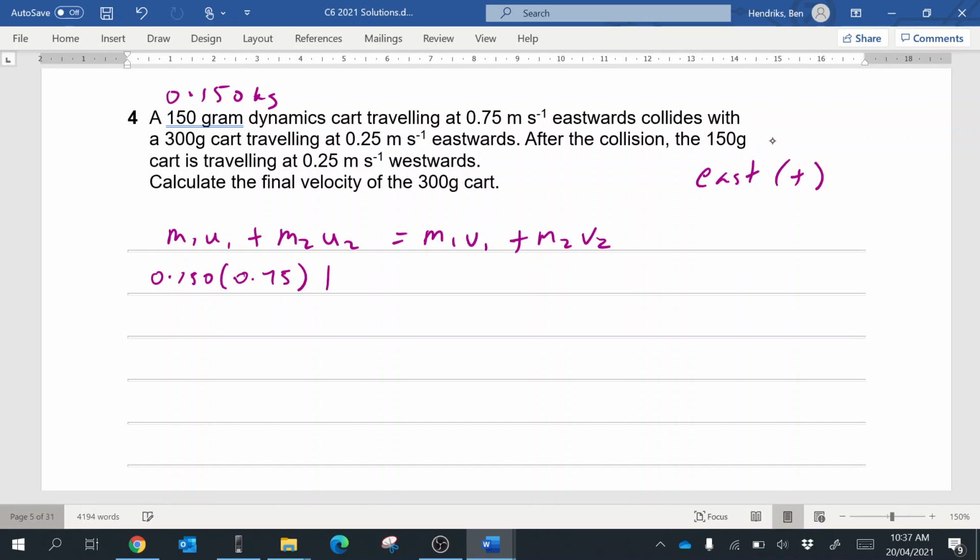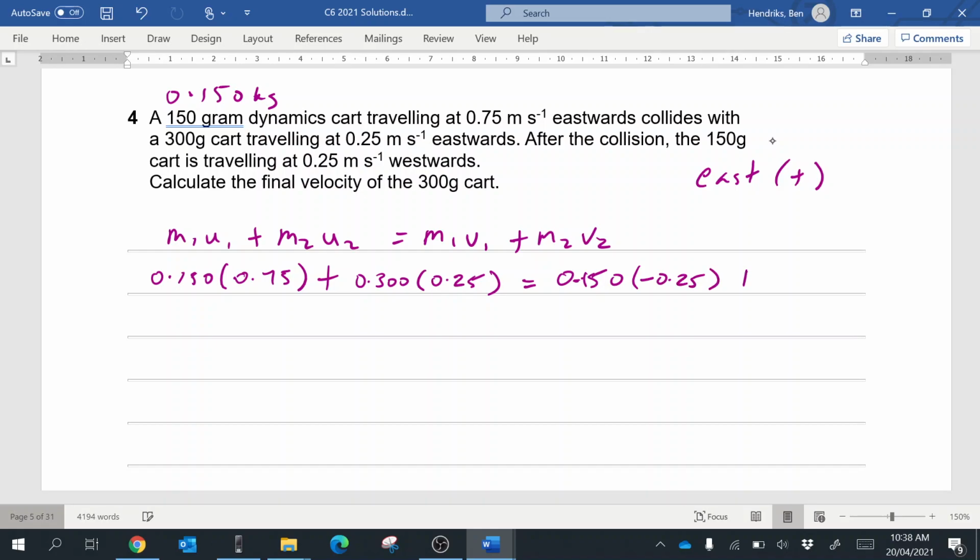And then our second mass is 300 grams, so it's 0.300, and that was going at 0.25 metres per second eastwards. That's also positive. Equals, so after the collision, the 150 gram cart is travelling at 0.25 metres per second westwards. So this was our first one, 0.150 is now going to go at negative 0.25.